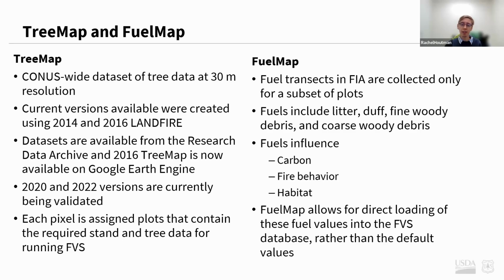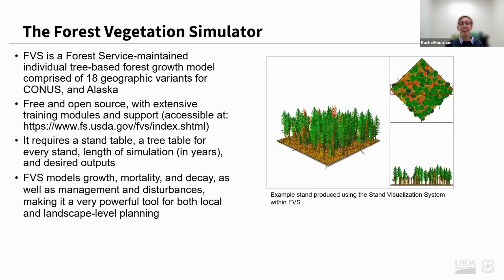I actually ran TreeMap through FVS originally without FuelMap data, and it dramatically underestimated in parts of the country how much fuel there was compared to once we actually input the FuelMap data. Someday I'll put some tables together showing that.